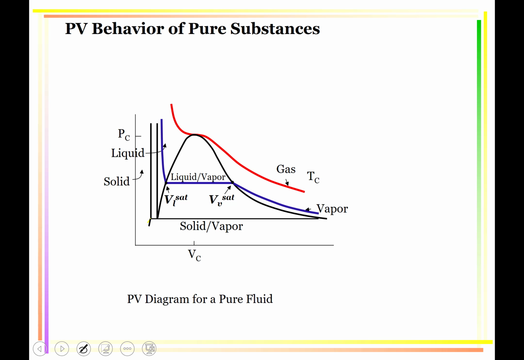So if we have a pure substance, okay, we can look here at this pressure volume diagram. And in this diagram, we have the vapor here. These are isotherms. The red and purple lines are isotherms. So they're all at the same temperature, but the pressure and the volume changes.